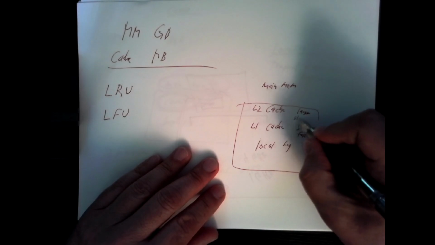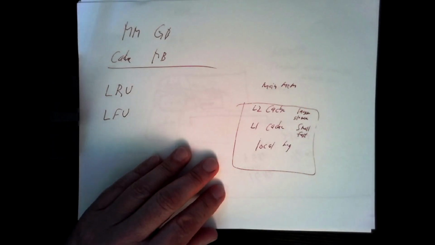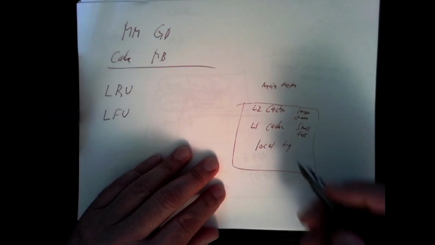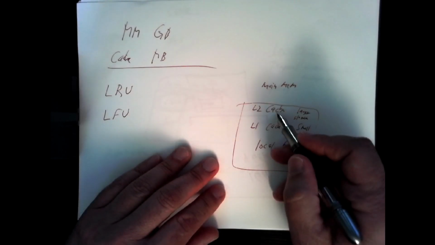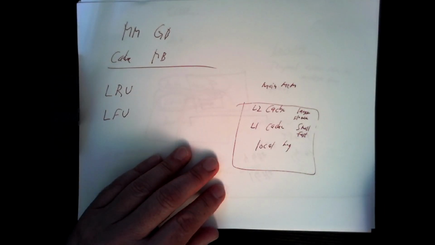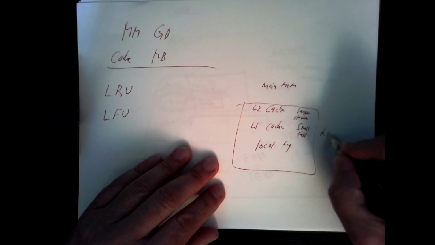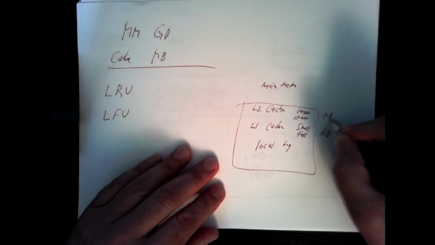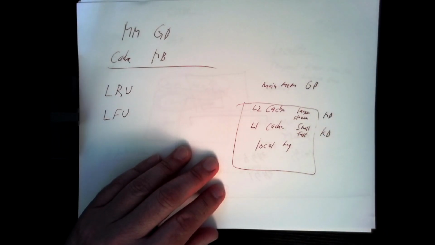And so it's slower, but still faster than main memory. And so this is basically a cache of my L2 cache, which is a cache of my main memory. So this might be kilobytes, this might be megabytes, this might be gigabytes.